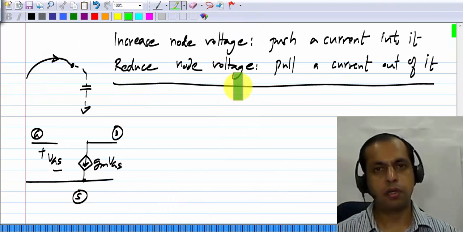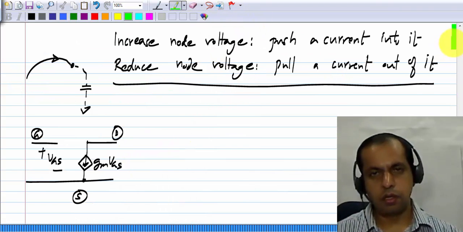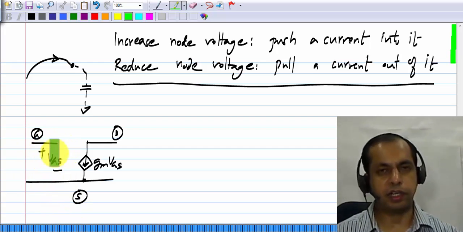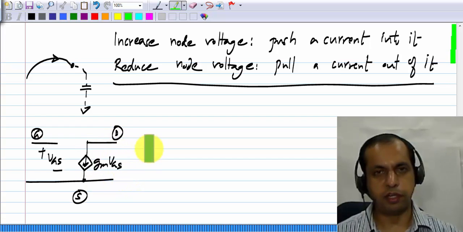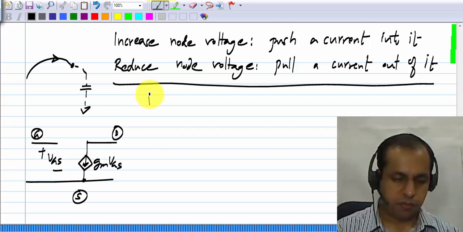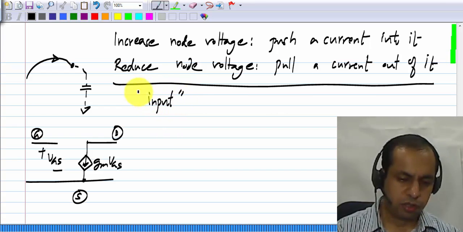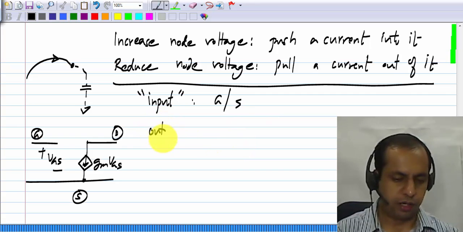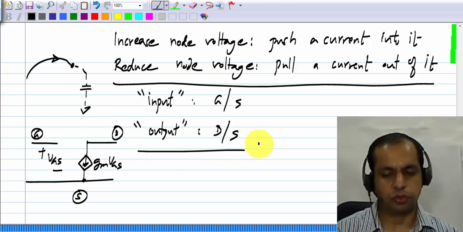Also, you can see that in a MOS transistor, the cause is applied between gate and source, and the effect appears from drain to source. Okay, so the input can go to either gate or source, and the output can come from either drain or source.